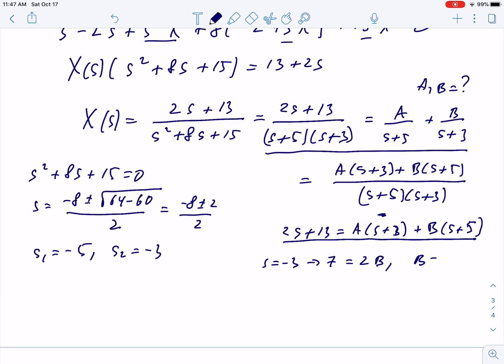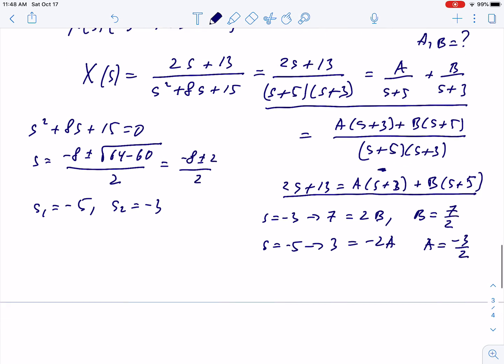So B will be 7/2. In the same way, we take s to be negative 5. On the left side we have 3. On the right side, when s is negative 5, this is negative 2A, and the second term is 0. So A will be negative 3/2.